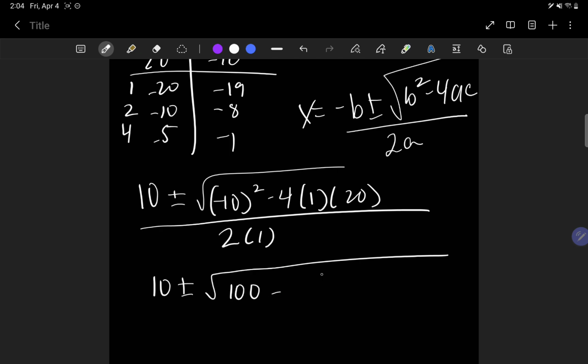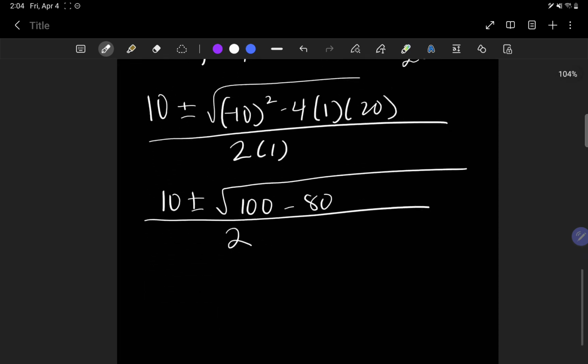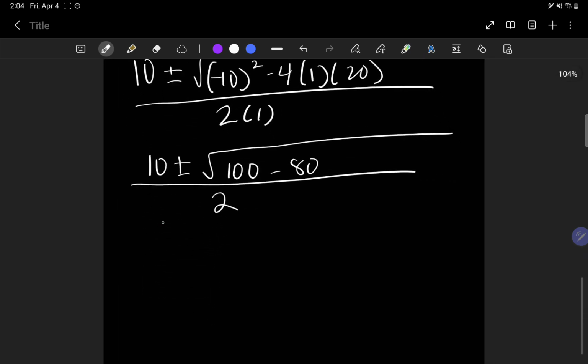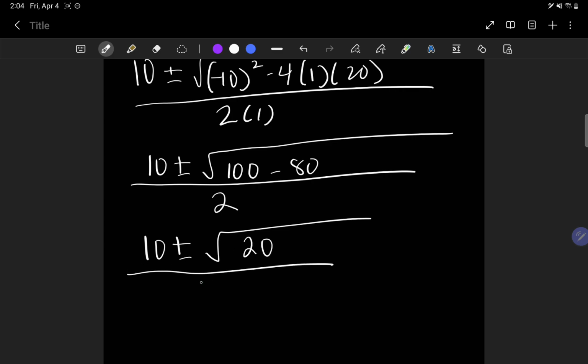Let's see. 4 times 20. This isn't working out pretty good to me. Because what is that? That's 20. Yep. But then 20, I can break down to 4 and 5 and pull out the square root of 4.